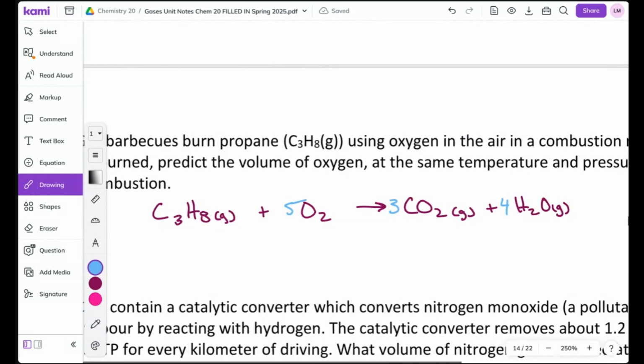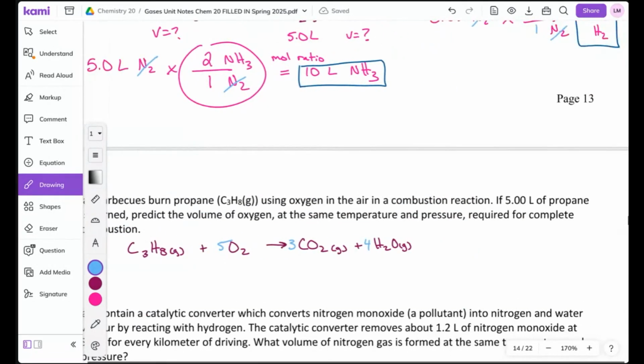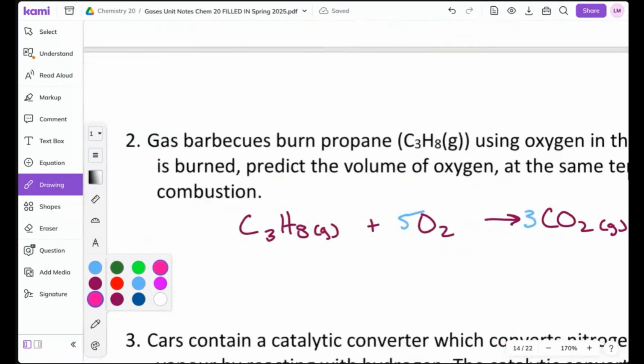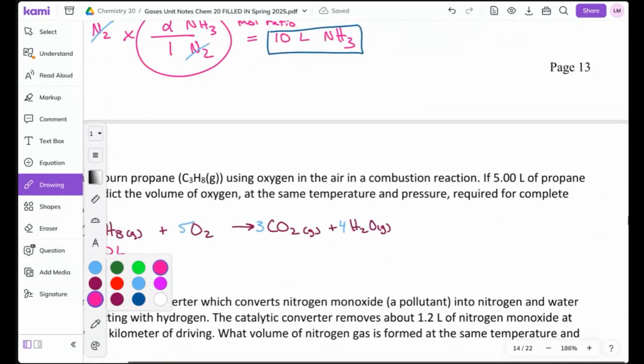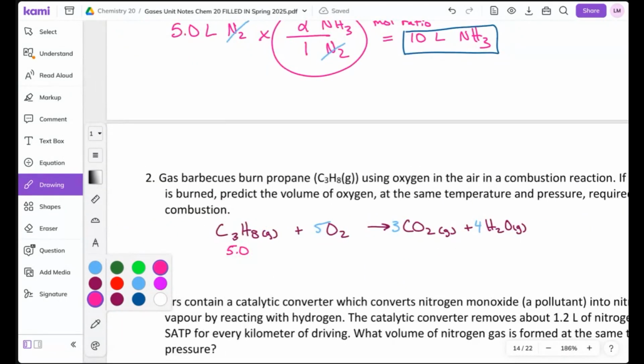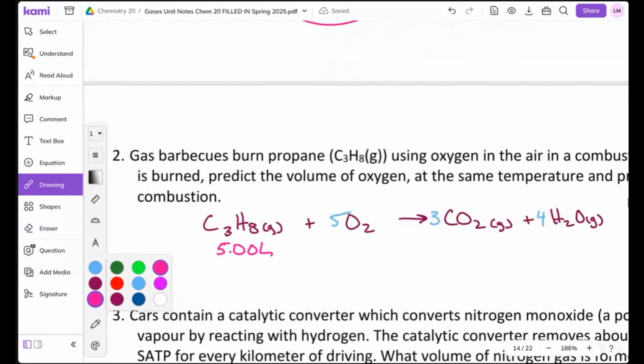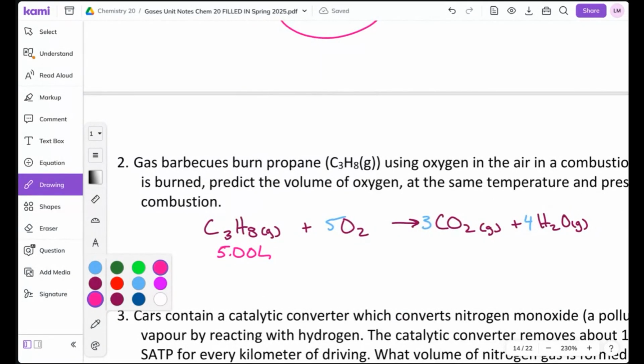So in this case, because the question says we got 5 liters of propane, I'm going to write that right there. Is it 5.0? No, 5.00. All right. And then we're asked to figure out the volume of oxygen, so we don't know this one.